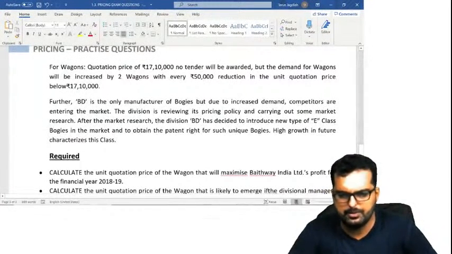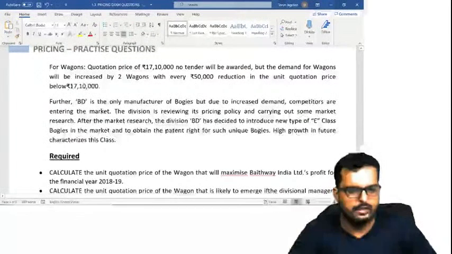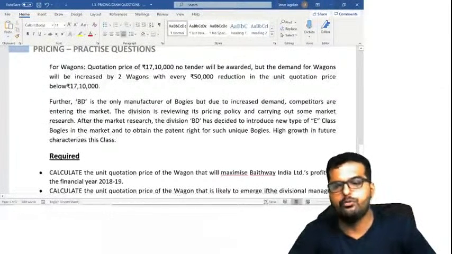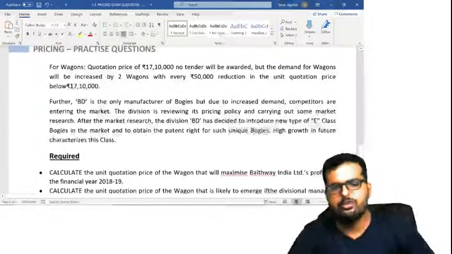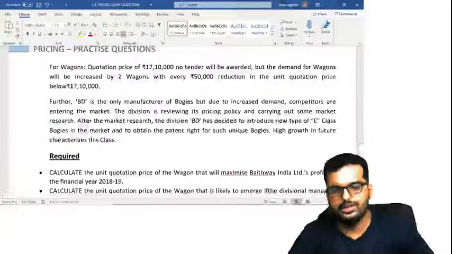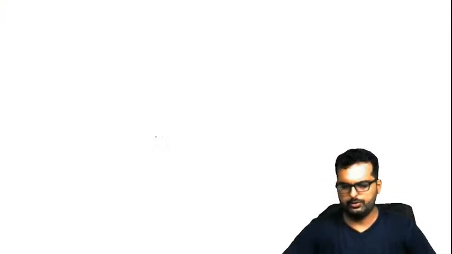Let's read once again. They are doing some market research. They want to introduce a new type of E-class bogies in the market to obtain the patent rights for such unique bogies, which is having huge growth in the future. So I'll write down the next point over here.